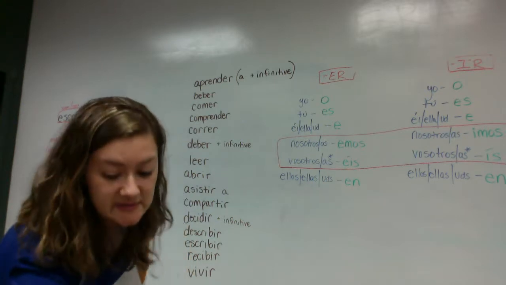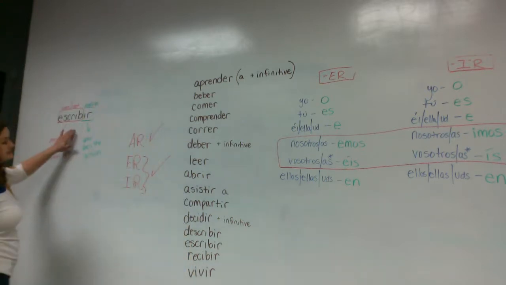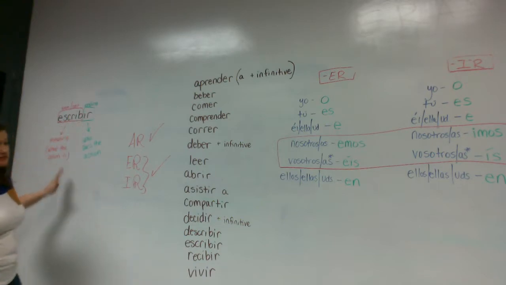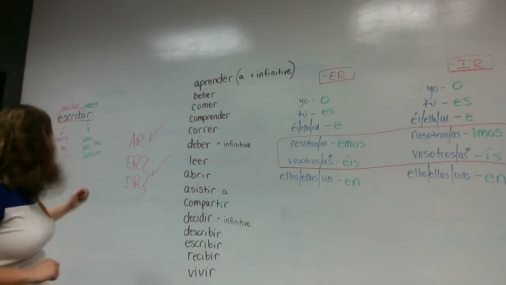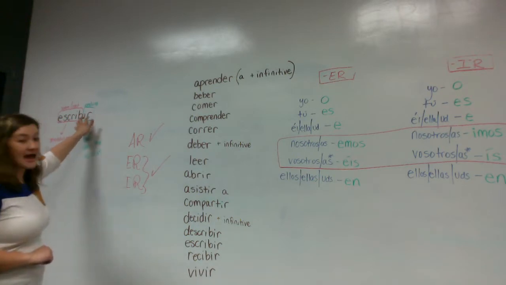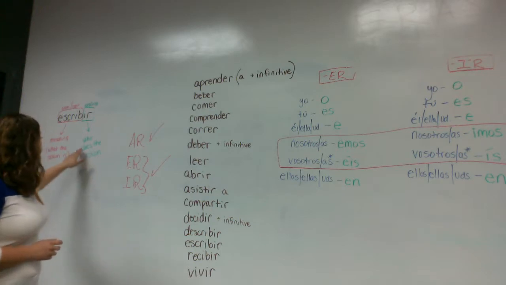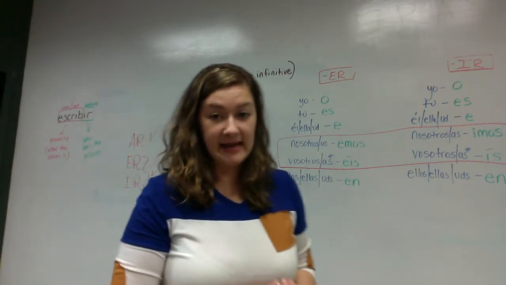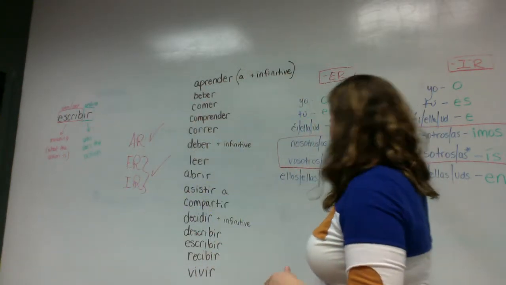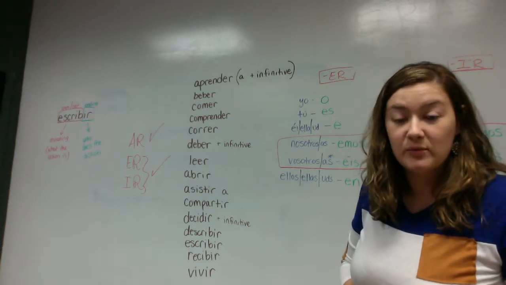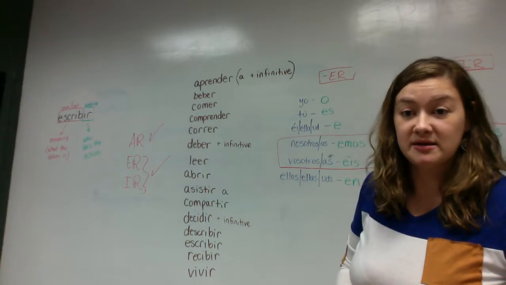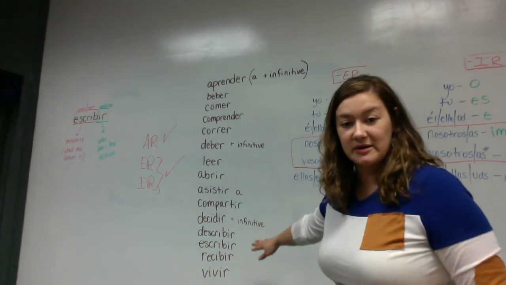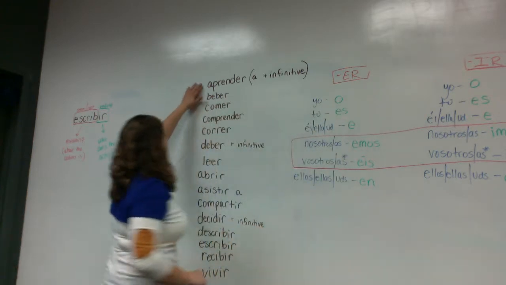So let's go over this verb, escribir. Escribir means to write. Again, I identify the action of the verb, which is to write. Then I identify the ending of the verb, which is an IR ending verb. And then when I conjugate the verb escribir, I drop the IR ending and I'm going to plug in these conjugation endings that we're going to go over in just a minute, which will tell me who is doing the action.